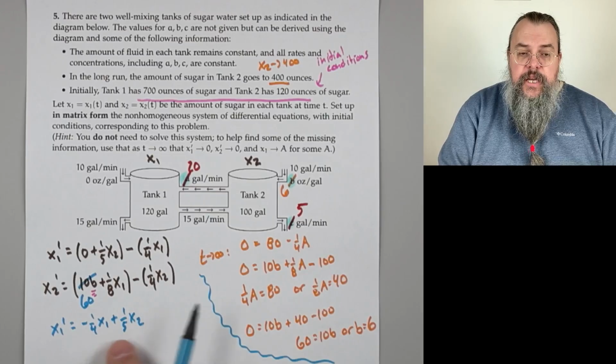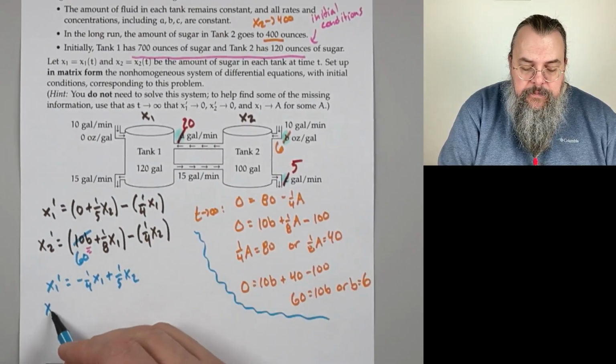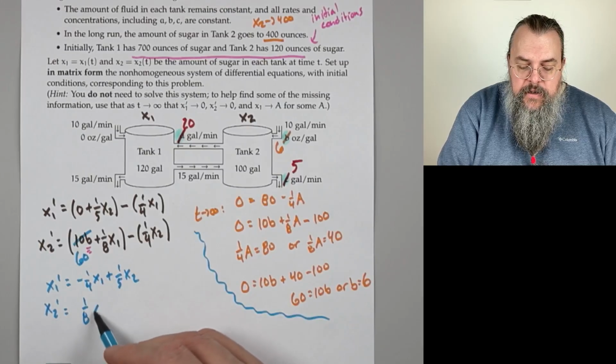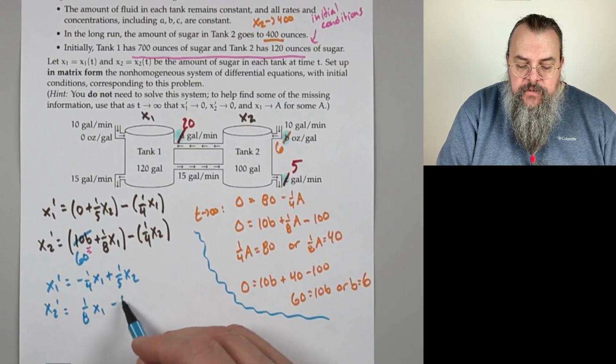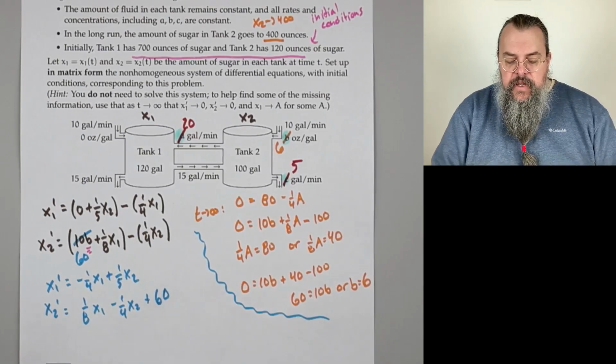So minus 1/4 x1 plus 1/5 x2. x2 prime: we have 1/8 x1, minus 1/4 x2, and a plus 60.